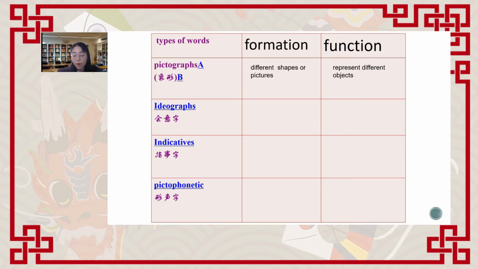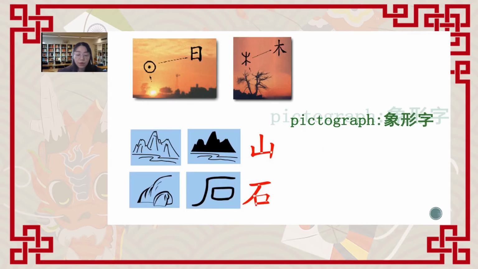So the first type of word we call pictographs, forming characters by strokes describing the shapes of the objects. For example, the characters 日 and 木 look like the shapes of the sun and the tree. So 日 in Chinese means sun and 木 means tree.